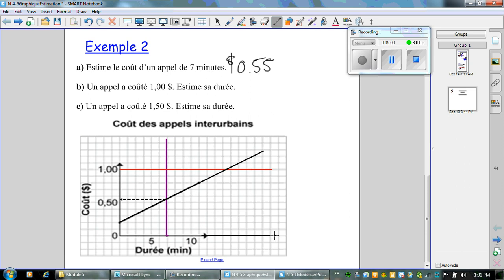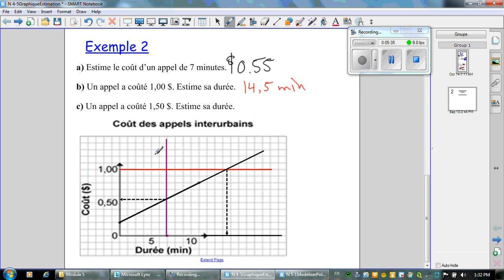I need to extend my axis as well, and I need to figure out what this value here is. So what's that value? Well, that's 10, 11, 12, 13, 14, 14 and a half minutes. So it would be around 14 and a half minutes, or 14 minutes and 30 seconds.